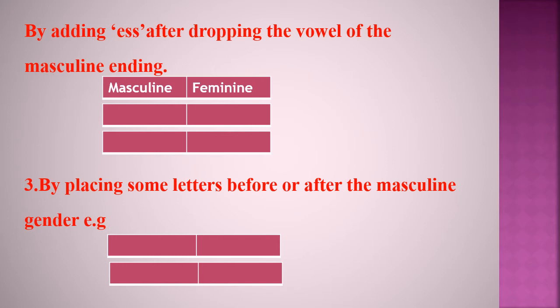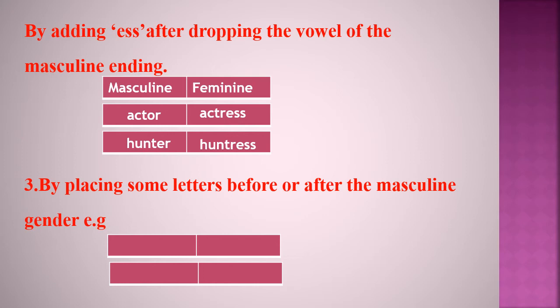Another way of adding ess is after dropping the vowel of the masculine ending. Now look at these examples. Actor, we drop O and add ess, actress. Hunter, we drop E and add ess, huntress.